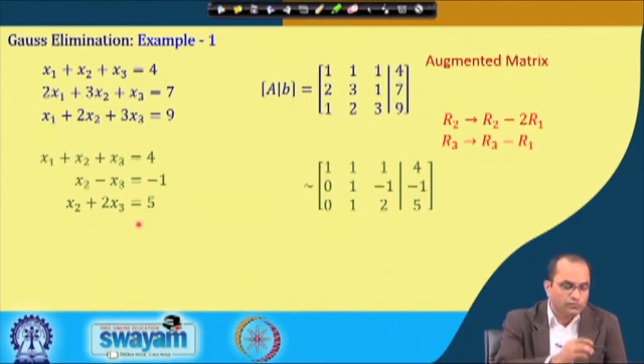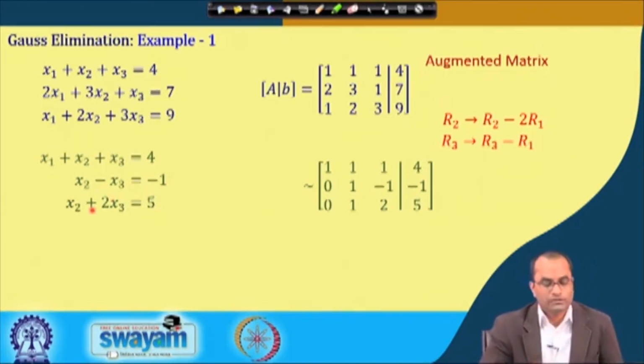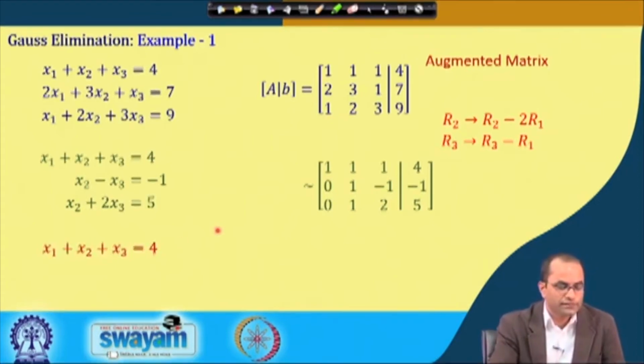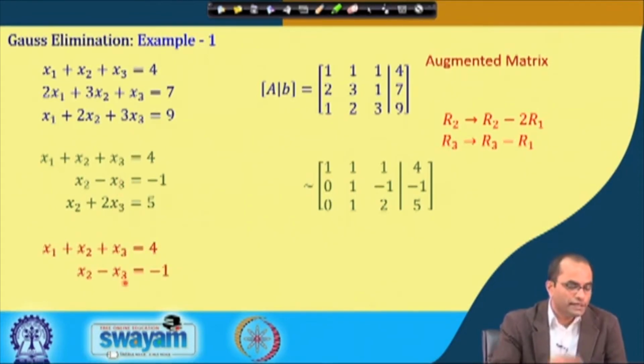And now, the next one, as I said before, with the help of equation 2, we will eliminate x2 from equation number 3. So, we have the first equation x1 + x2 + x3 = 4. We have the second equation, which we will not touch, x2 - x3 = -1. Now we will eliminate x2 from equation number 3.